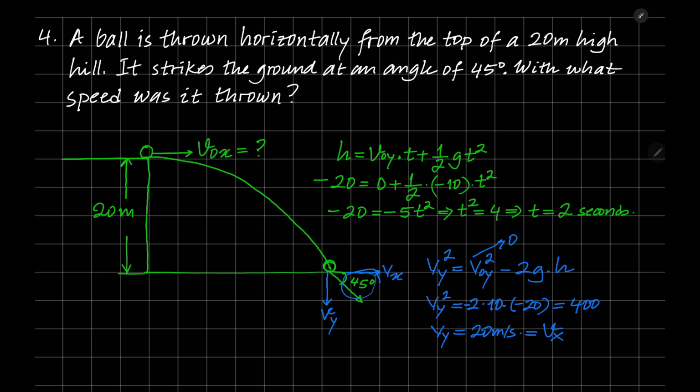That means the ball is thrown with a velocity of 20 meters per second. If it's 20 meters per second when it reaches the ground, that means it's also 20 meters per second at this point. And it's always constant along the motion.